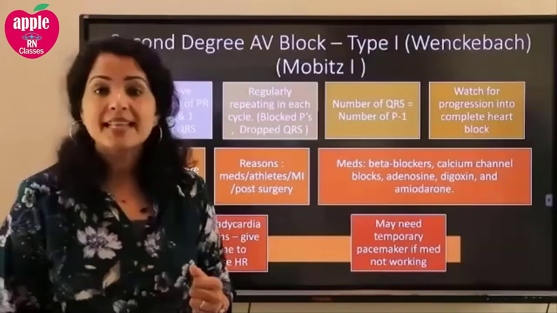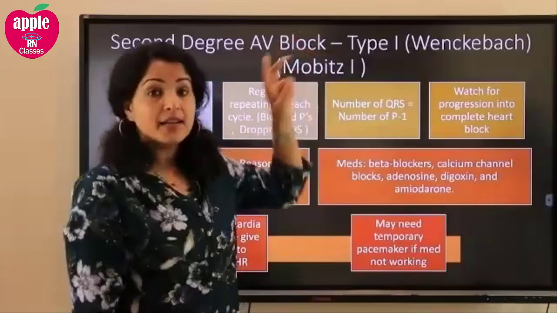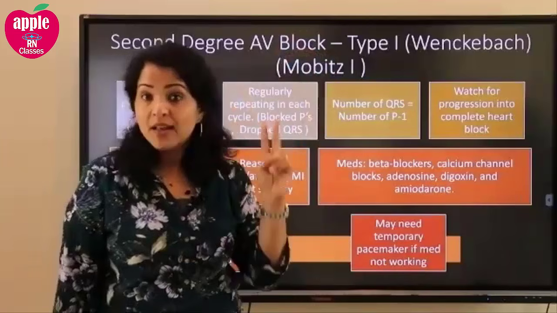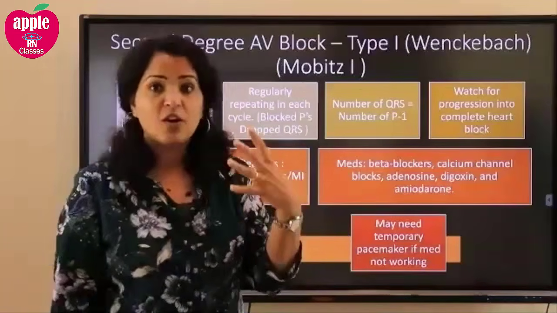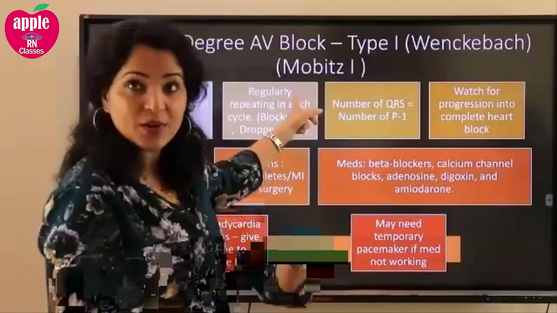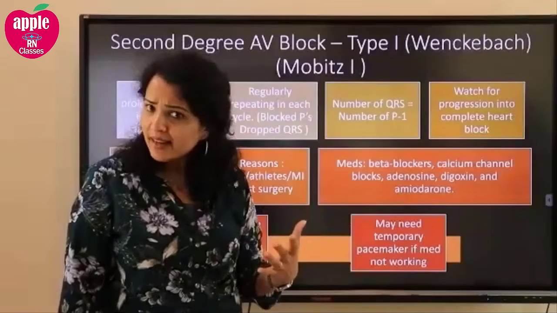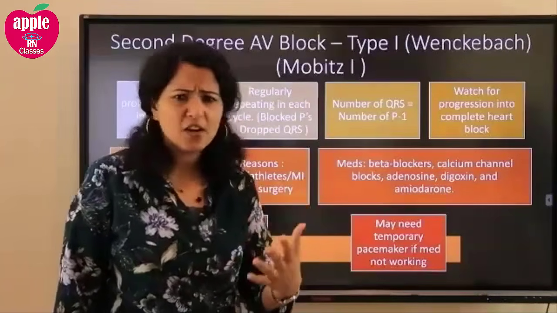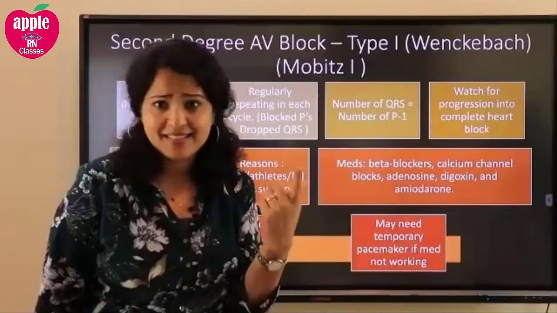Okay, so let's think about our husband-wife scenario in type 1, second degree heart block. Remember how the wife was waiting and the husband was taking longer and longer and longer to come, right? That is what we are talking about here. So let's say when the wife realized that he is taking longer and longer to come, she smelled that there is something wrong.